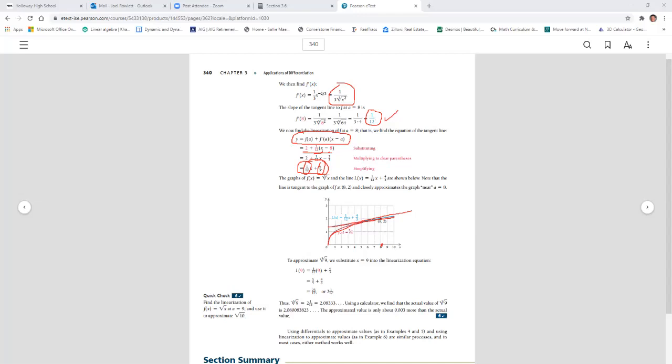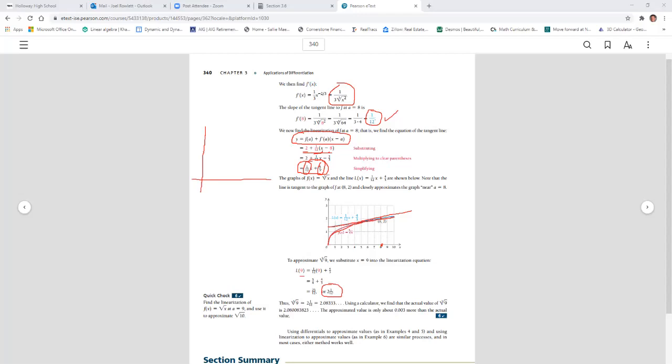So if we plug in 9 into the line function, we end up getting 2 and 1/12. So we know that the cube root of 9 is very close to 2 and 1/12 because the line is very close to the curve.